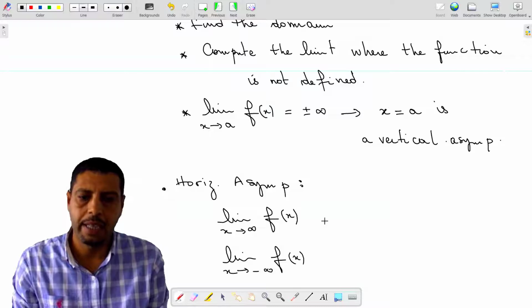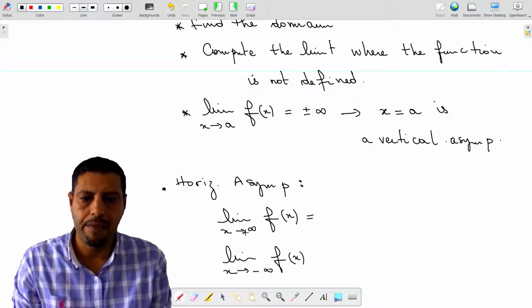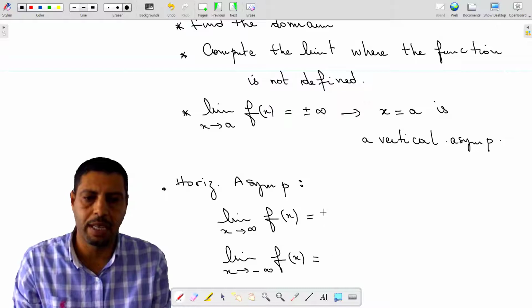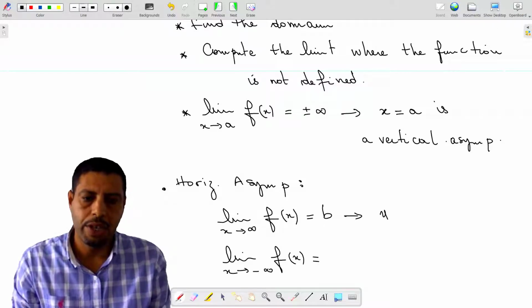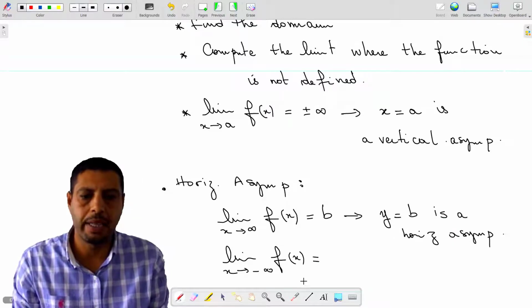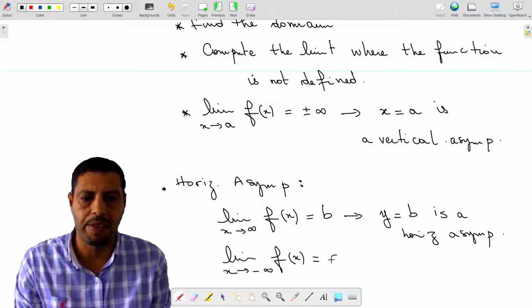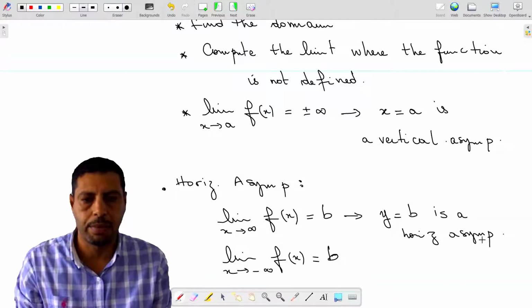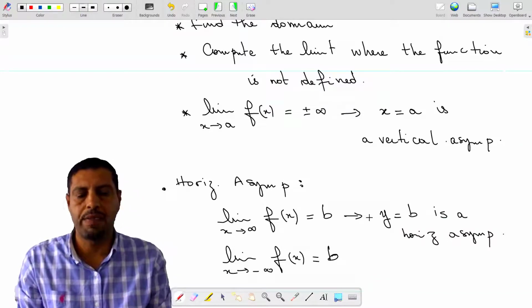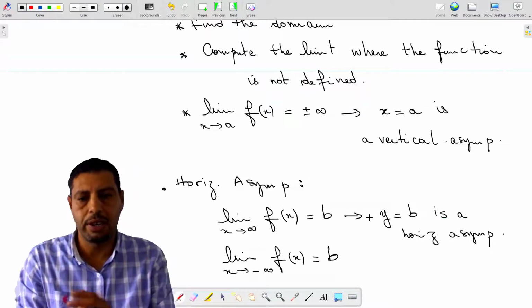Now, if you find that the limit at infinity or negative infinity is equal to a constant b, then the equation y equals b is a horizontal asymptote. Same thing here. If you find that the limit at negative infinity equals b, it can be the same or another constant, but it's not infinite, then you conclude that y equals b is a horizontal asymptote. Okay? So this is the procedure how to find your vertical and horizontal asymptotes.